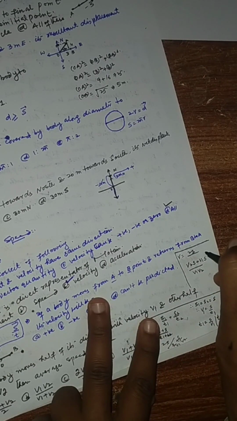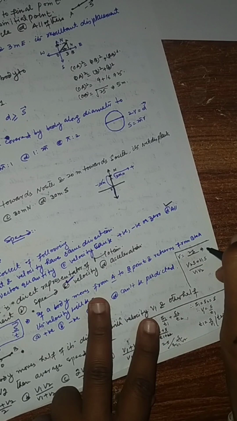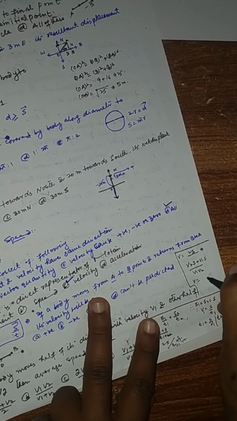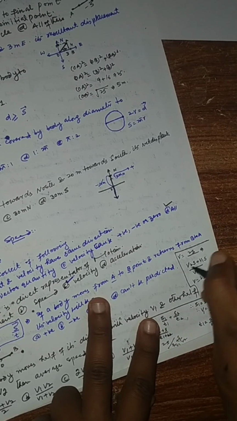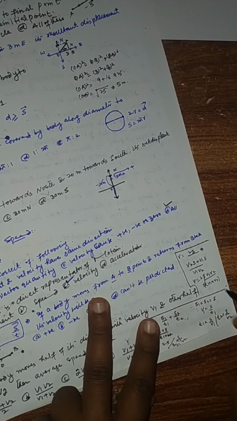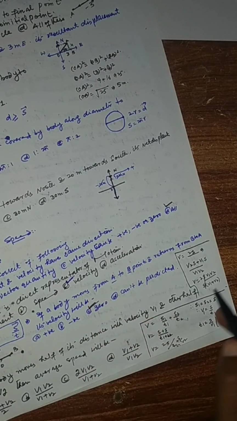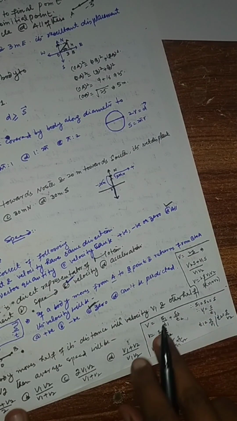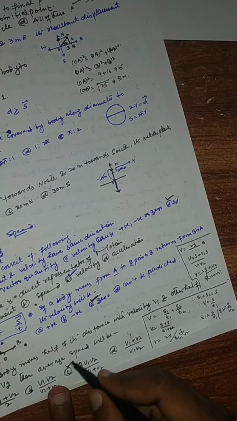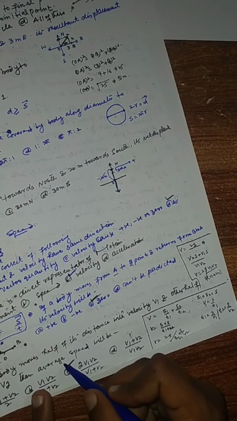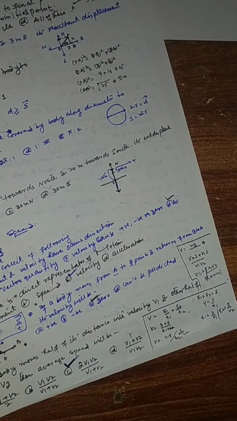This is the denominator, which goes up and becomes the numerator. The result is 2s v1 v2 over s common, v1 plus v2. s gets cancelled, we get v equal to 2v1 v2 over v1 plus v2. So the correct answer is option C, 2v1 v2 over v1 plus v2.